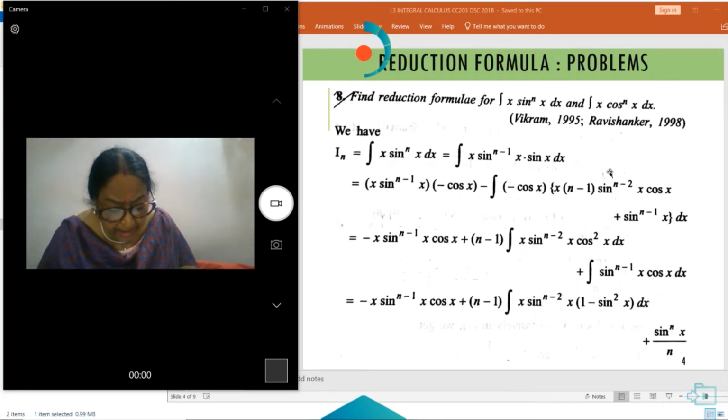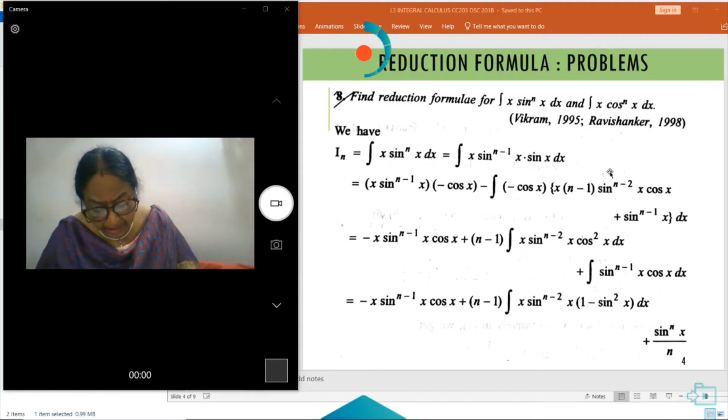Then again the integration of sine x is minus cos x, and the differentiation of x into sine n minus 1 x. So x into n minus 1 sine n minus 2 x into cos x dx, integration of sine x is cos x dx, and then sine n minus 1 x into dx.